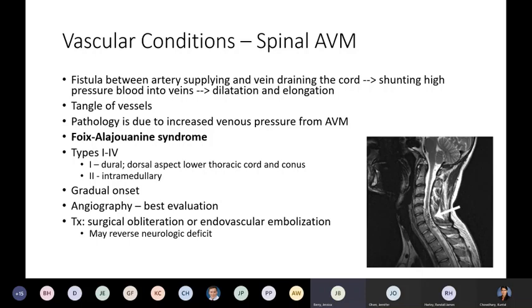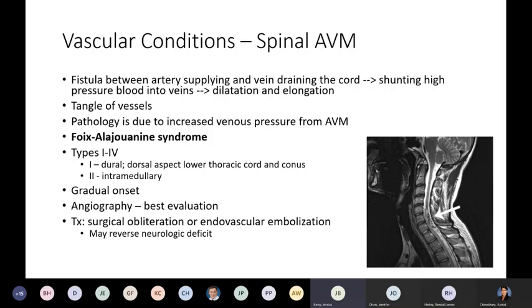Typically, the symptom presentation will be a more gradual onset of neurologic deficit, and these are best evaluated by angiography. This is a situation where there is some potential for improvement, even if the patient presents with a total cord syndrome.